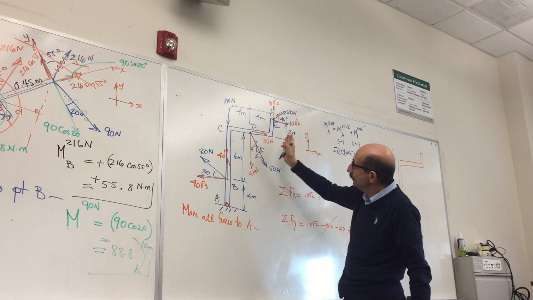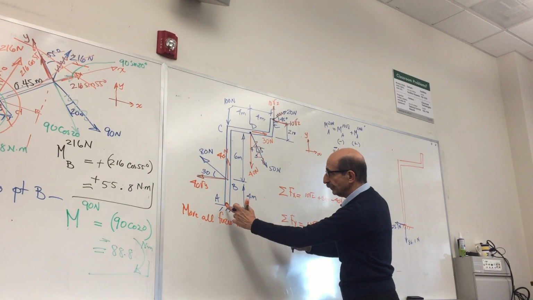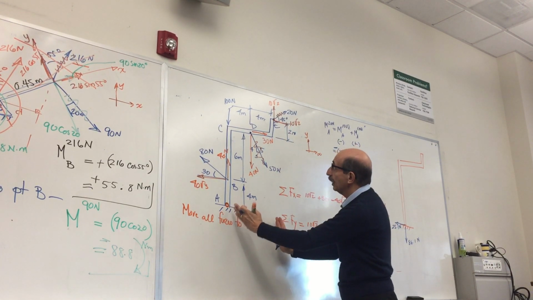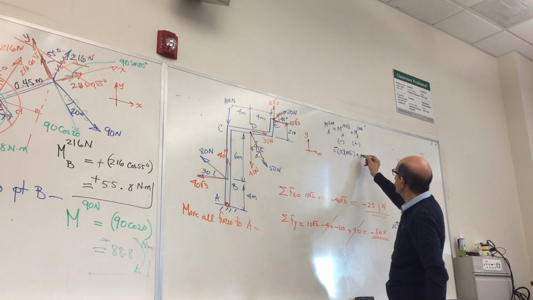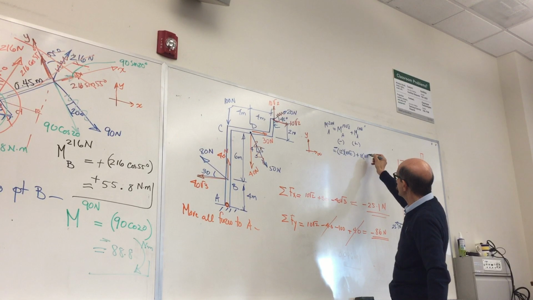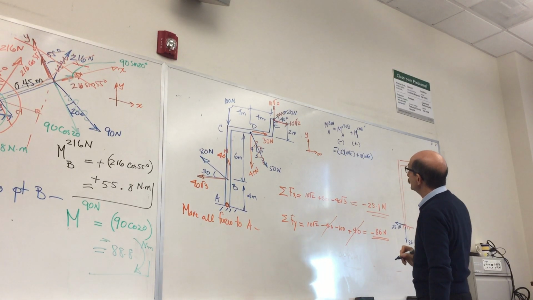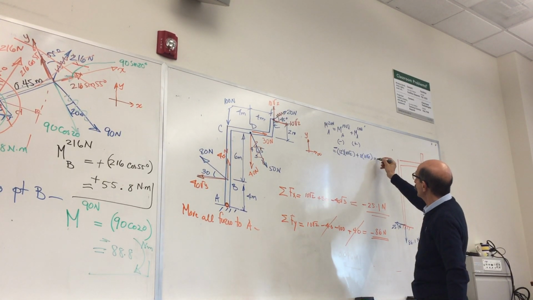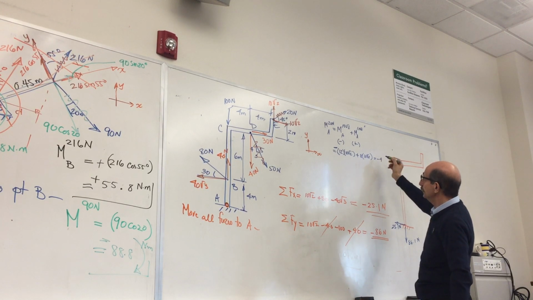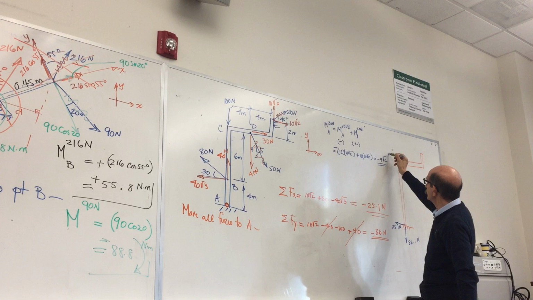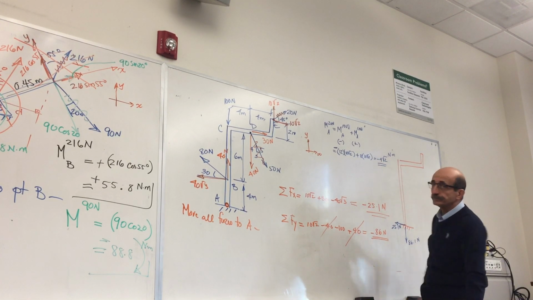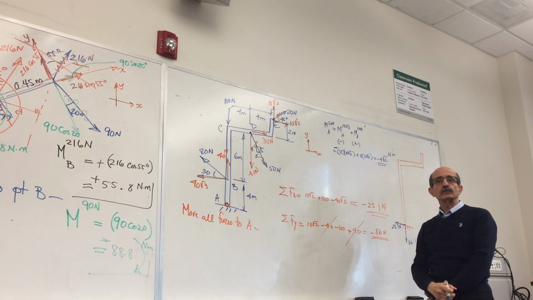For this one, the moment arm, which is the vertical distance from here to this line, is 8. So you have plus 8 times 10 square root 2. So you have negative 4 times square root 2 Newton meter. That's for the first force.